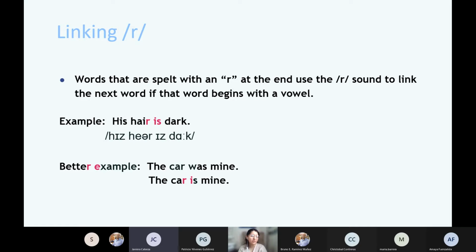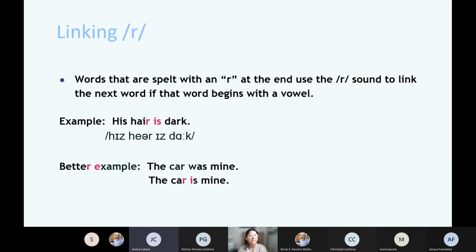So we don't usually pronounce the final R in non-rhotic accents, and that's why we use it to link one word with the following one when the following one begins with a vowel. And remember that this is only in non-rhotic accents, like the British accent, accents from New York, New Jersey, or from New Zealand, Australian, like the Aussie or Kiwi accent.